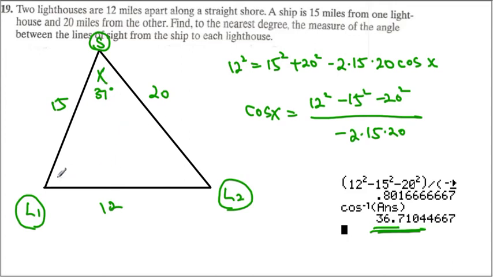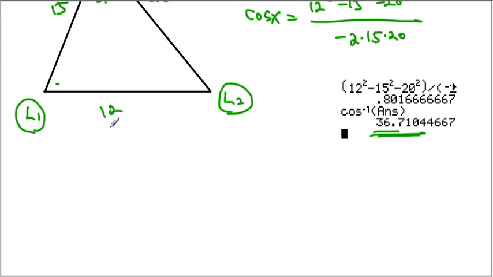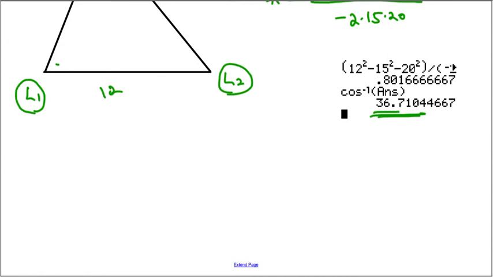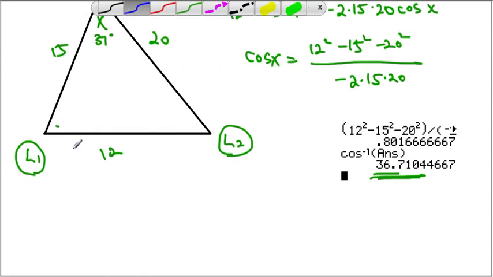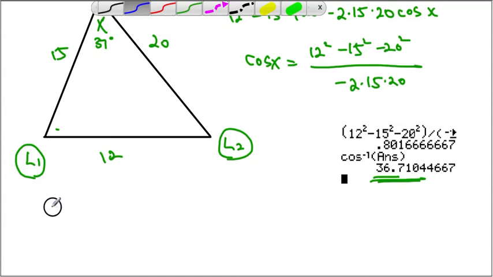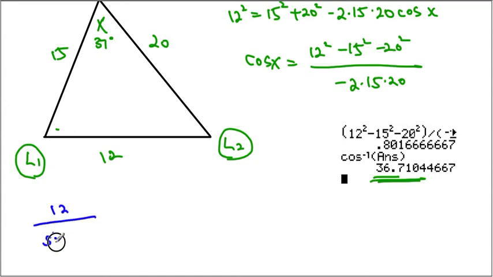So let's figure out this angle. How can you figure out this angle? This angle is the opposite of 20. Given that we know the measure of one angle already, what we can do is we can use the law of sine to figure this one out. So here we have 12 over sine of 36.71 is equal to 20 over sine of L1.